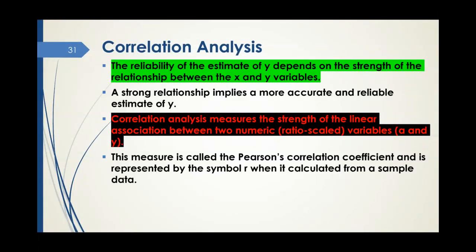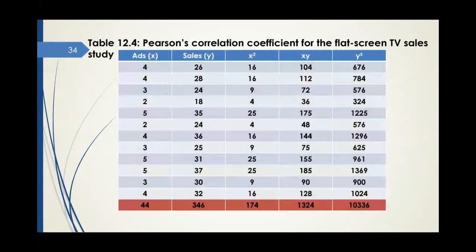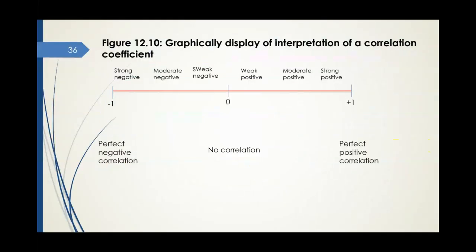Correlation analysis measures the strength of the linear association between two numeric variables. That's the core of what you need to take away. Then this is just the formula, which we will dissect when we start doing exercises together, and there's an example.